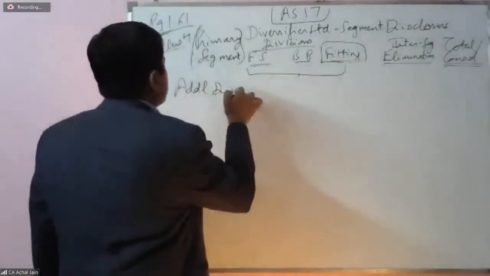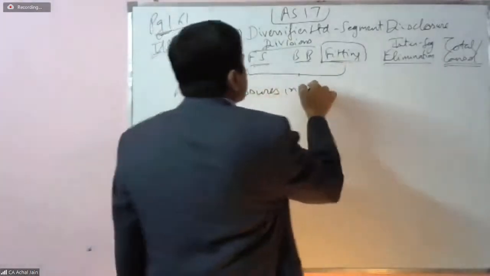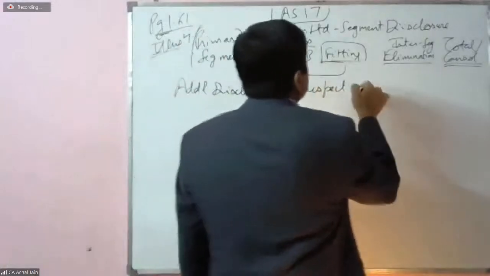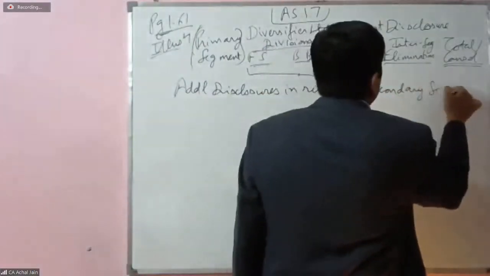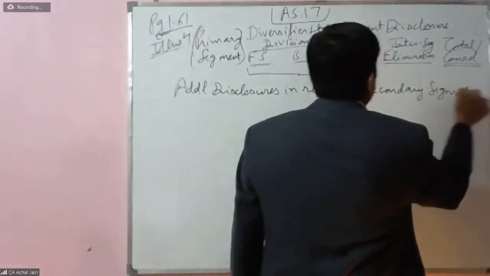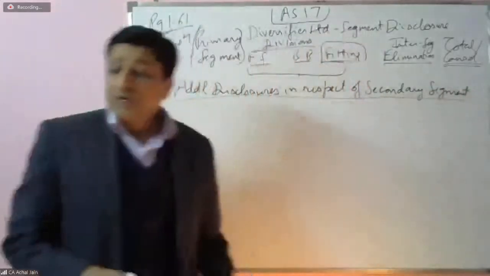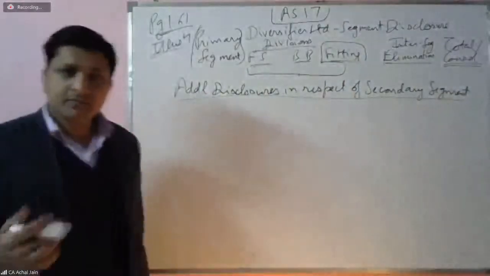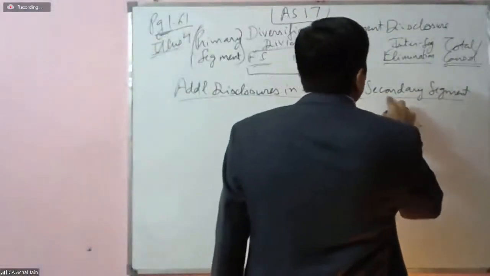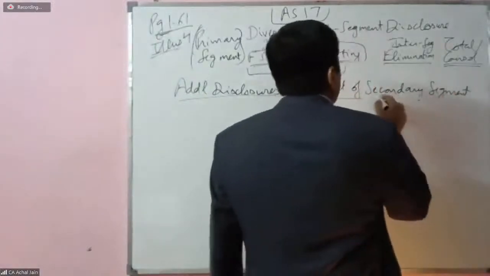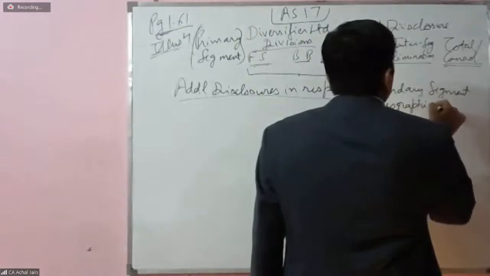Additional disclosures in respect of secondary segment, which this company will be required to give. And what is this secondary segment? Geographical segment. What is this secondary segment? This is geographical manner.